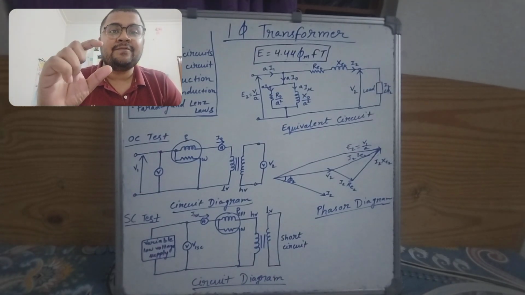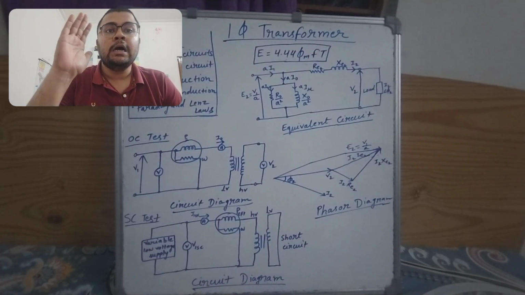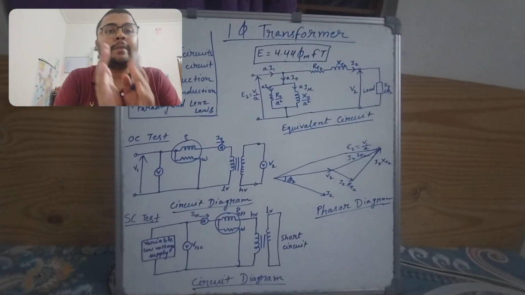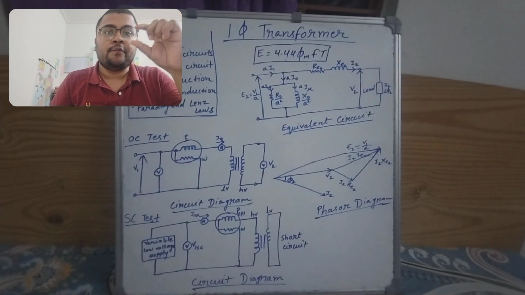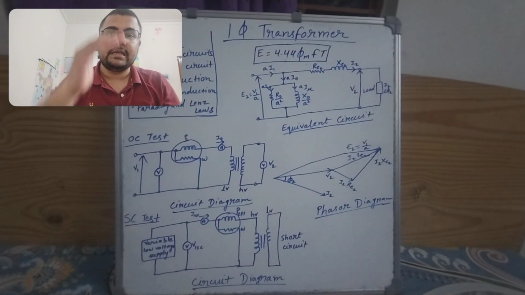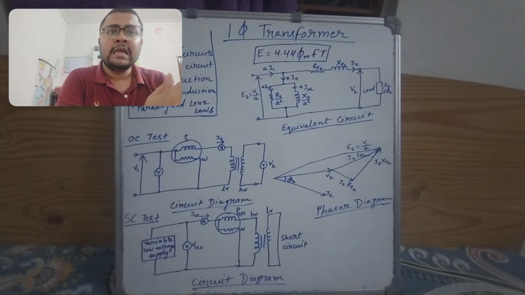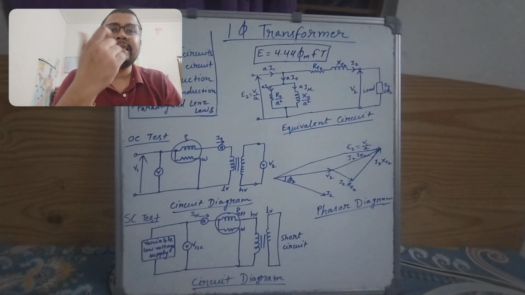How do we derive this equation? We derive it from the equation E equals minus N d phi by dt. We put phi m sin omega t in place of phi, and from there this equation is derived. Here T is the number of turns and E is the EMF.